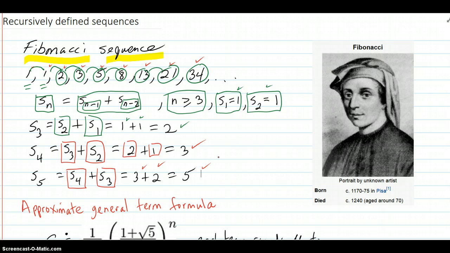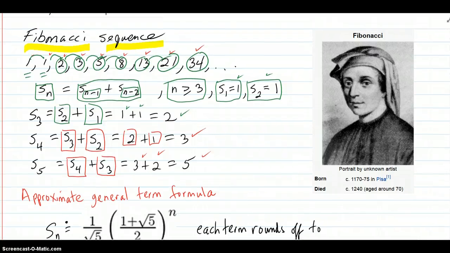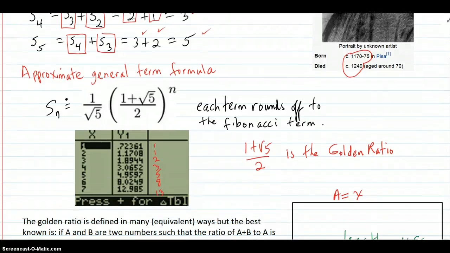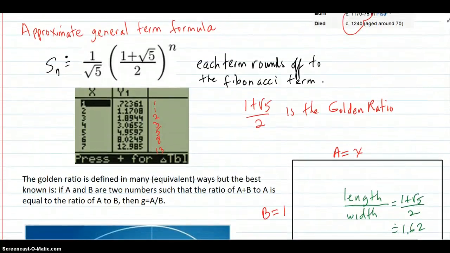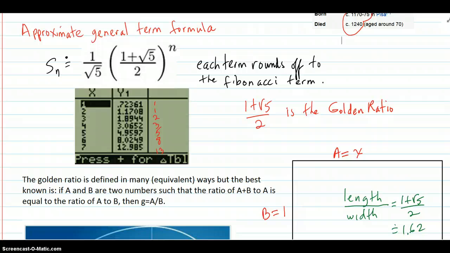Alright, so you might be interested to know that Fibonacci, right over here, was this guy here, and he lived around 1170 to about 1240 AD, and he came up with this. And then later it was discovered that an approximate general term formula for the Fibonacci, but it's only approximate, there's an approximate sign there, is this here.